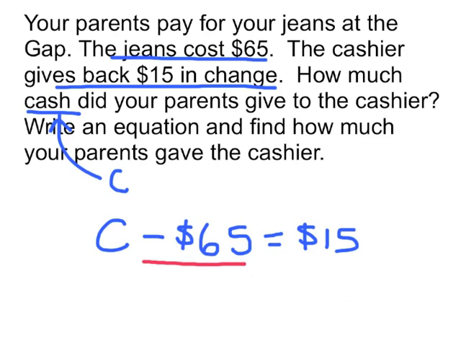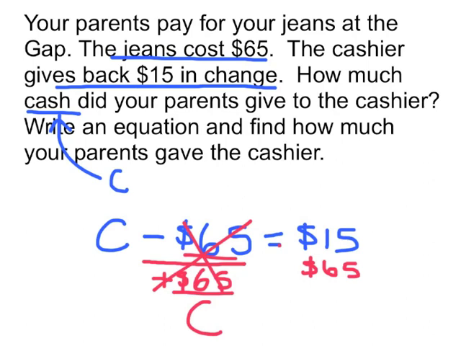And the opposite of taking away $65 is to add $65 to both sides of the equation so that we stay balanced. So on our left side, we have $65 minus $65, which is nothing, 0, leaving only the C. So C equals $15 plus $65 is $80. Your parents gave $80 to the cashier.